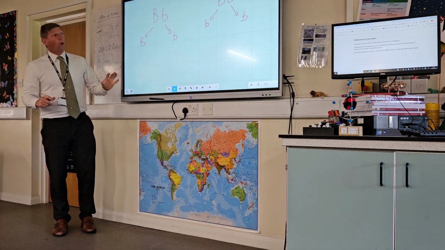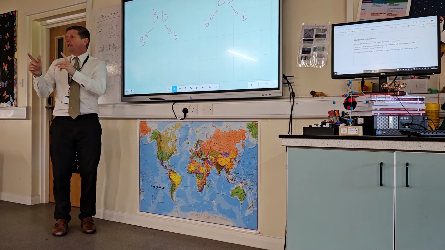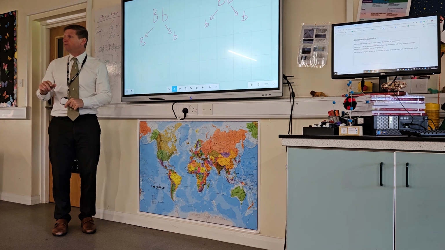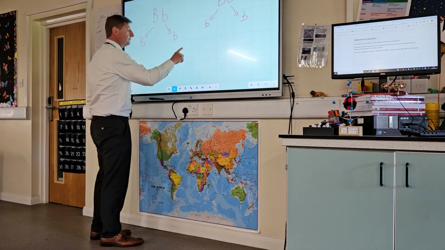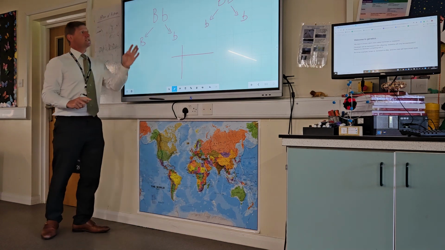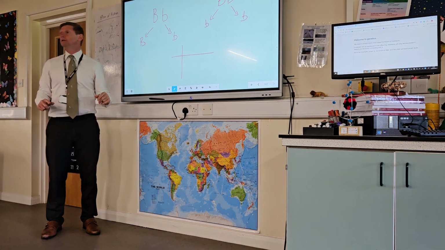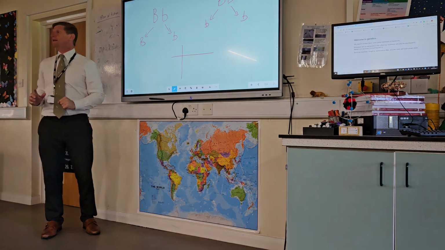So, what we can do now is how we work out genetics. Are you ready for this? It's called a Punnett square. The first thing we do is take the two letters and split them, because they're the two things that could be donated.